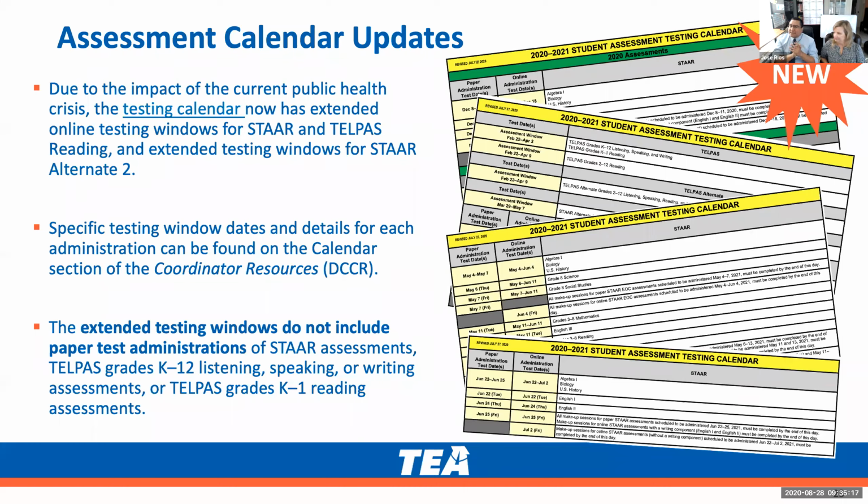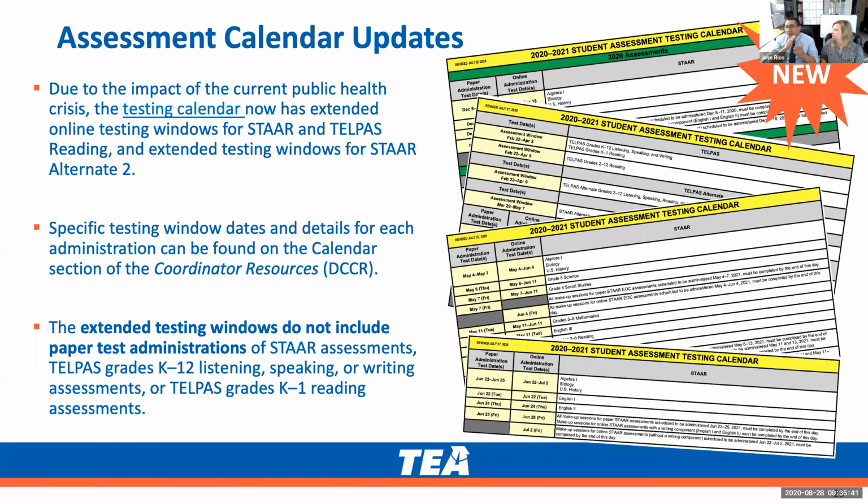Now, TELPAS. TELPAS is where it gets a little tricky. TELPAS Alternate has been extended. It's longer than before. If you look at the calendar, you see exactly how much the extension was, but we added 1 more week of testing to the TELPAS Alternate window. TELPAS Reading Online, we were able to add 1 more week of testing, so you can complete your testing.